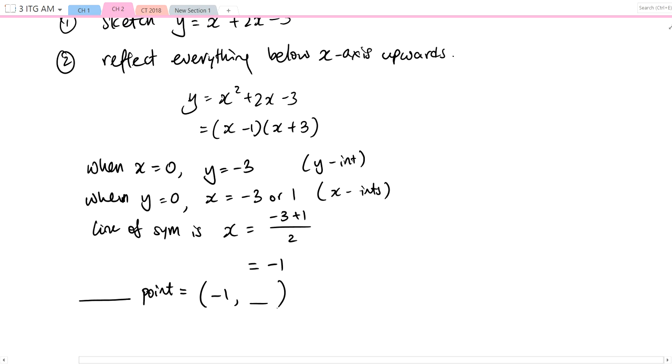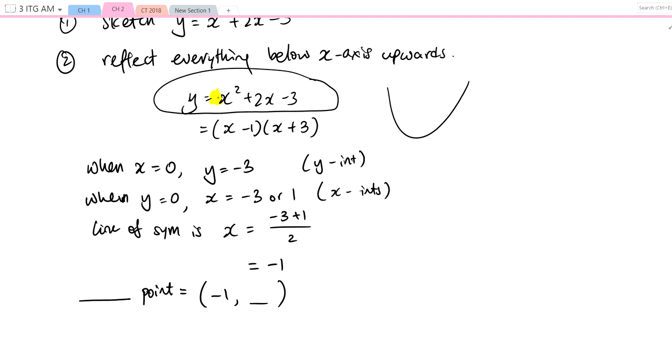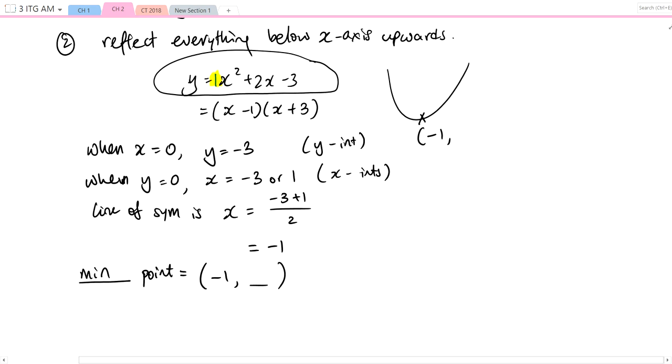So looking at the equation, this is what I'm trying to sketch. It is a parabola opening upwards because the coefficient of x squared is a +1. This is a positive value. I am going to expect a minimum point. The minimum point is at x = -1, and the y value, in this case, I will need to calculate it out. y equals (-1) squared plus 2 times -1 minus 3.